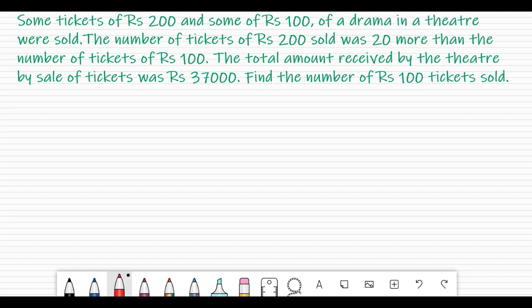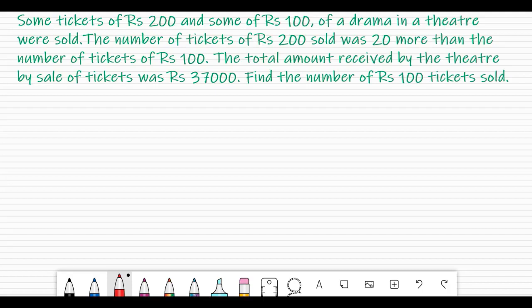The number of tickets of rupees 200 sold was 20 more than the number of tickets of rupees 100 sold. The total amount received by the theatre by sale of tickets was rupees 37,000. Find the number of rupees 100 tickets sold.